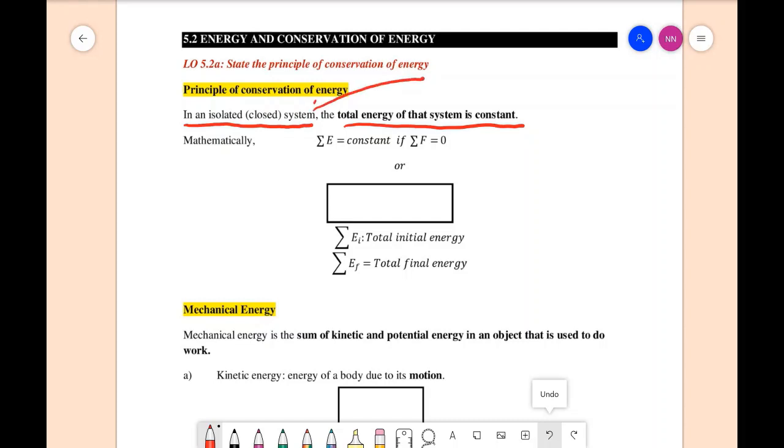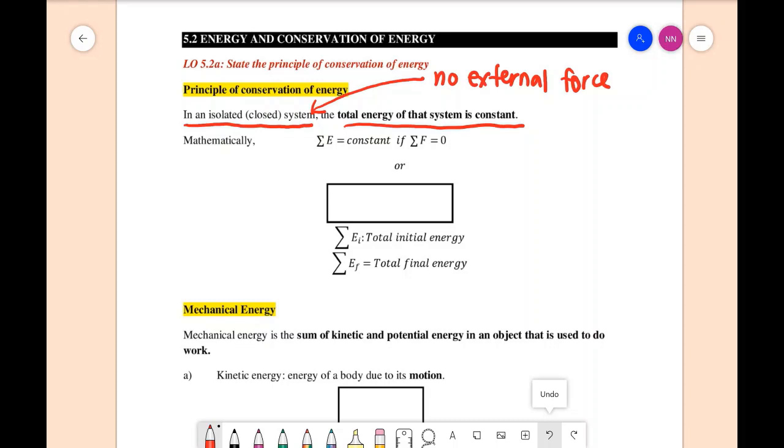It means there is no external force, that means there is no air friction. Whenever we solve problems in chapter 5, we assume there is no air friction, no external force.